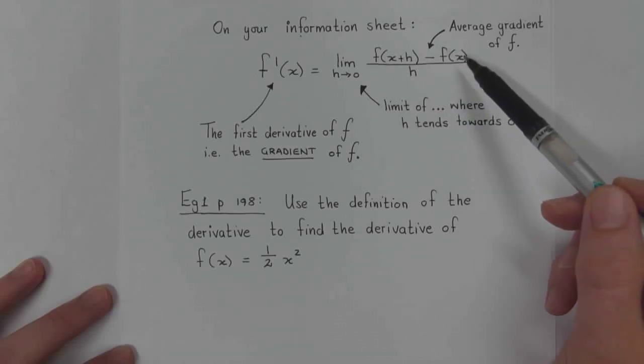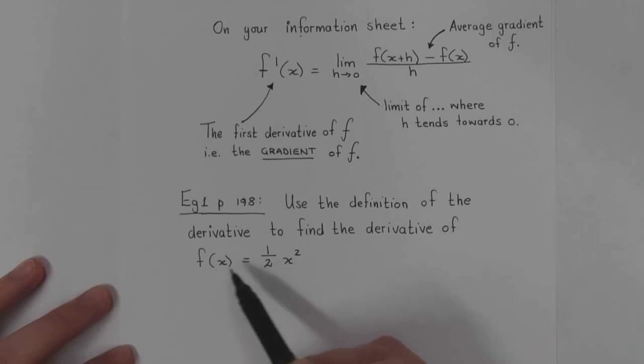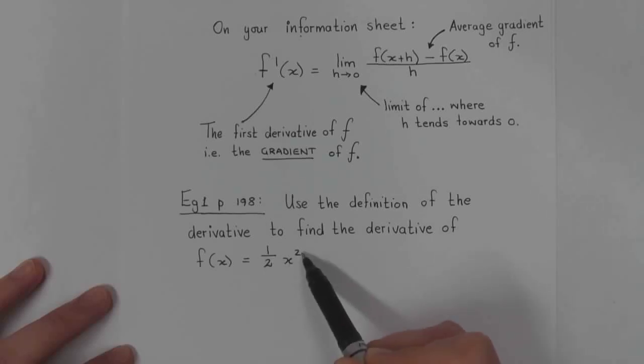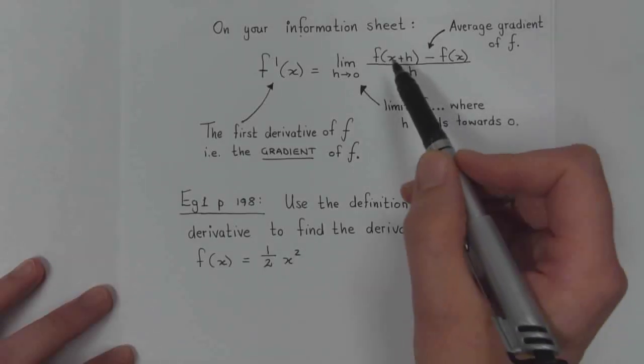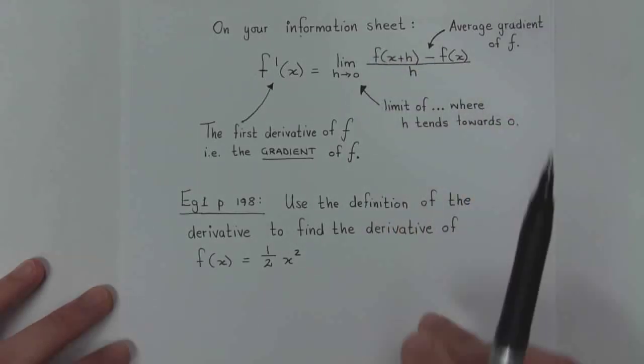By the way, the f of x will always be given to you. In each and every problem, the f of x will be defined differently. In this particular problem, f of x was defined as a half x squared. But I need to use this formula, so I now need to calculate the f of x plus h. That's generally what I do first.